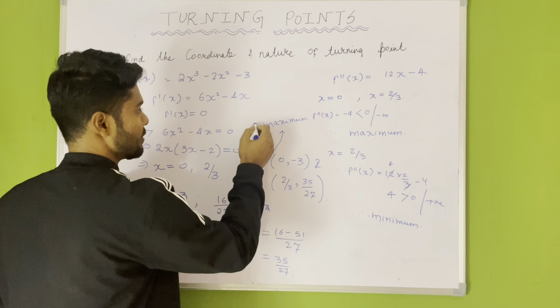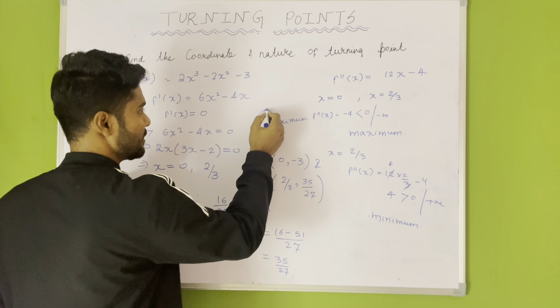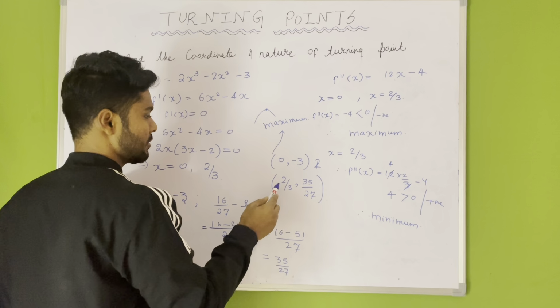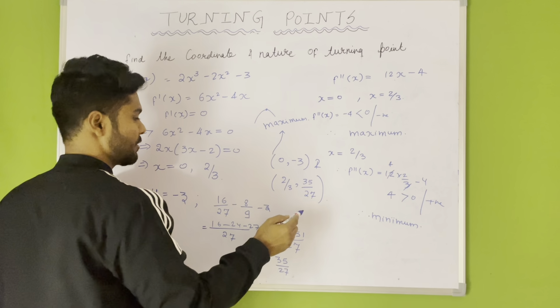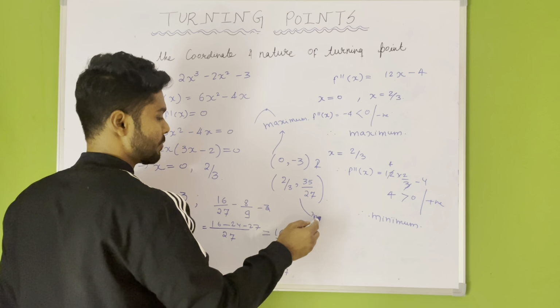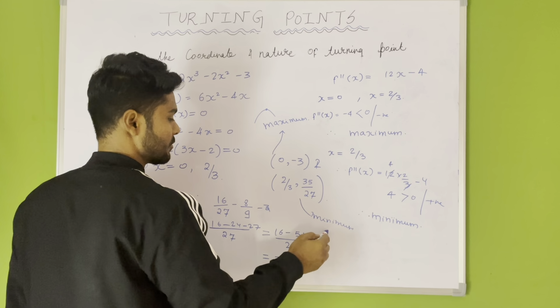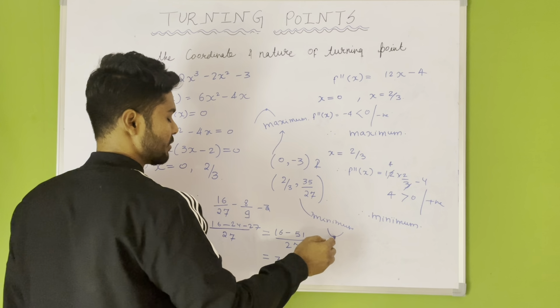That means the curve must be going like this, something like this. And the nature of this curve at the point 2 by 3 comma minus 35 upon 27 is minimum. So the point must be like this, minimum.